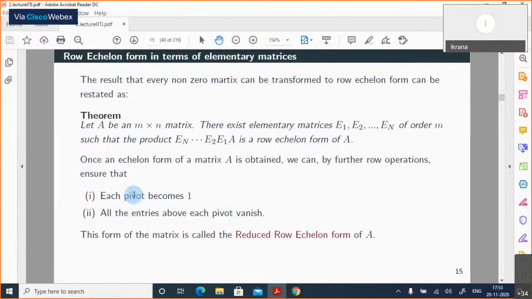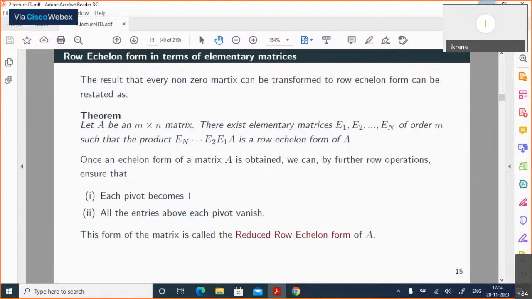So there was a number R. The first R rows are non-zero, so each has a first non-zero entry, with 0, 0, 0 somewhere before it, say a_i p_i. So that non-zero entry is a number. And what is the property of row equivalent form? Everything below that pivot is 0.